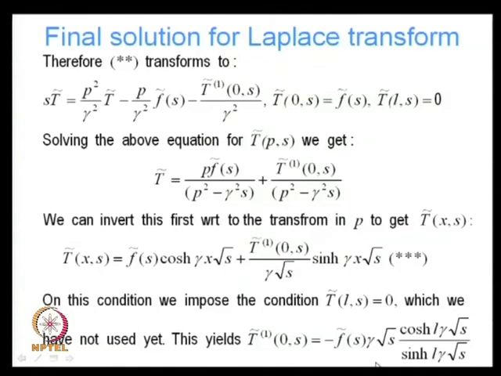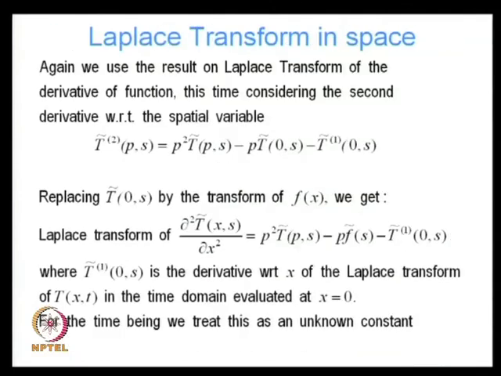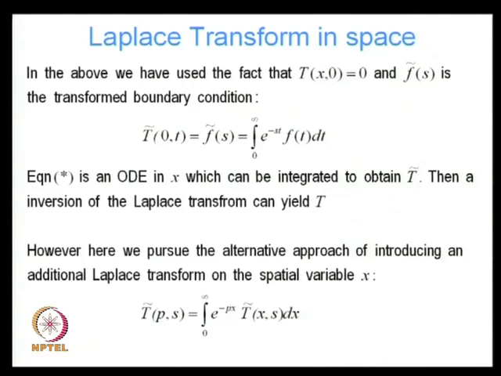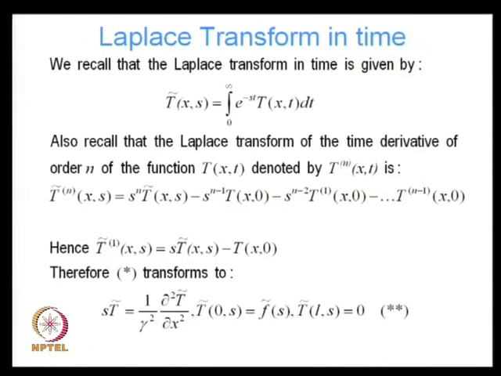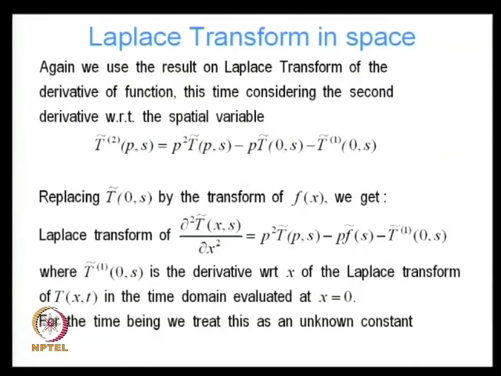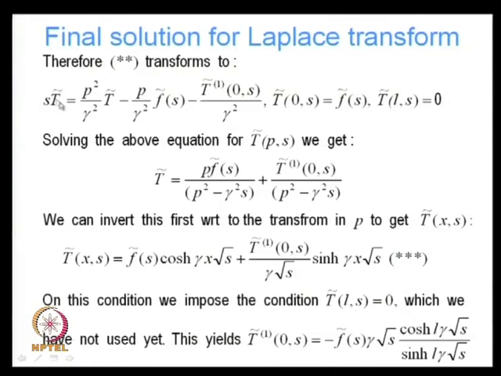And then using this expression and substituting it in my equation here, I get the following equation. S T tilde is equal to p square pi gamma square T tilde minus p by gamma square F tilde s minus this, right.